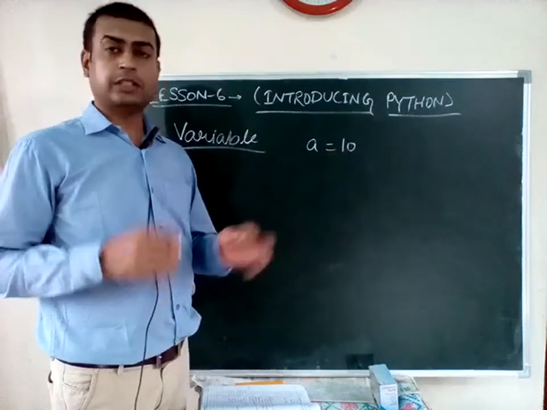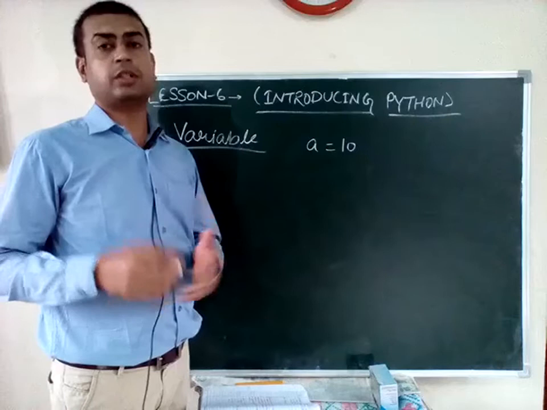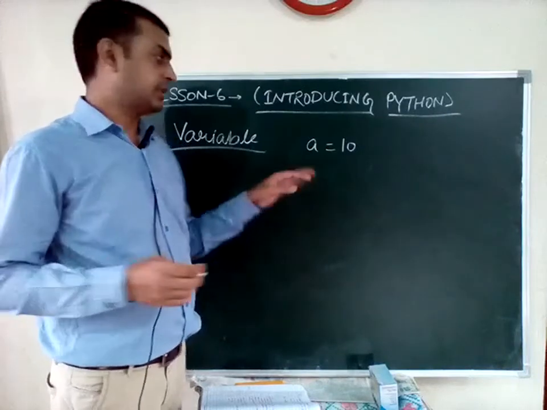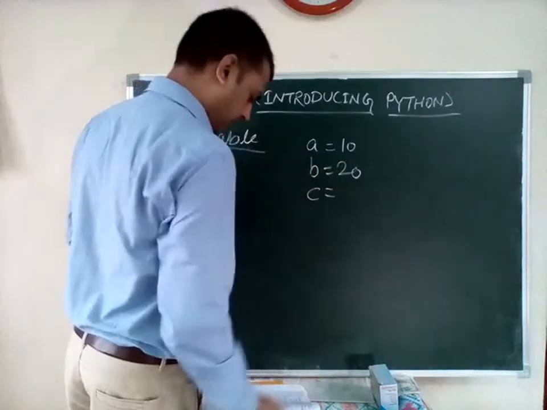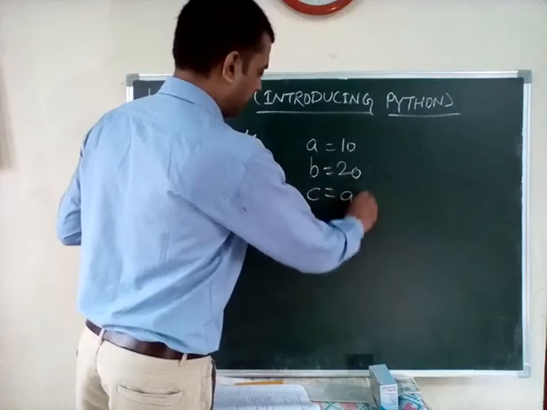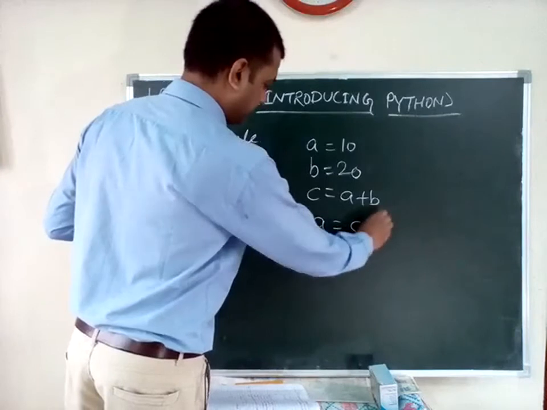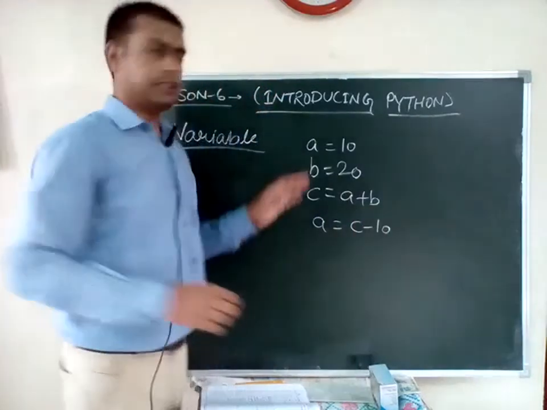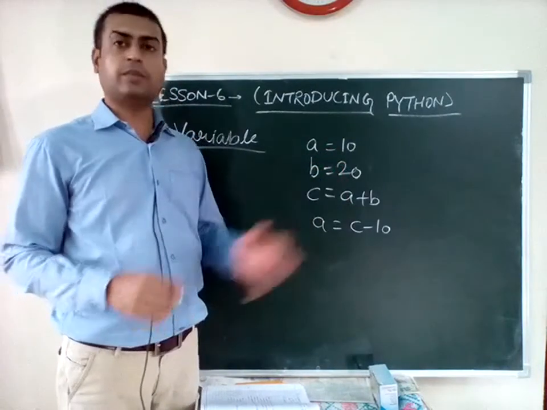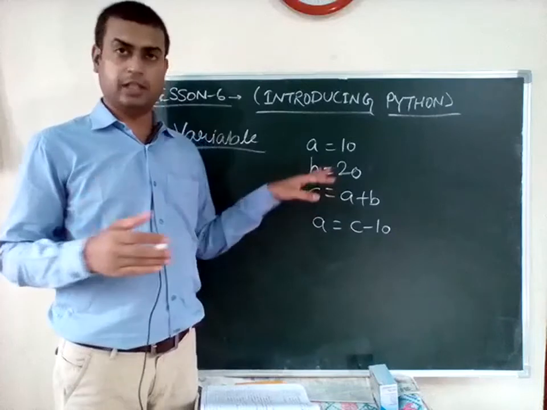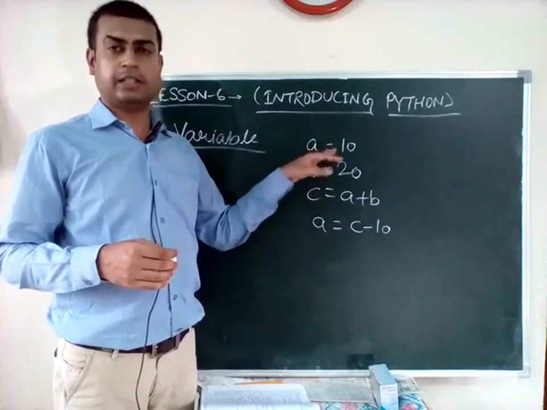So this is the variable, and 10 is a constant, meaning 10 will not change its value. b is 20, c is a plus b, and again a is c minus 10. Now you can see here a is 10, b is 20. So wherever you use a and b downside, their values will be 10 and 20.